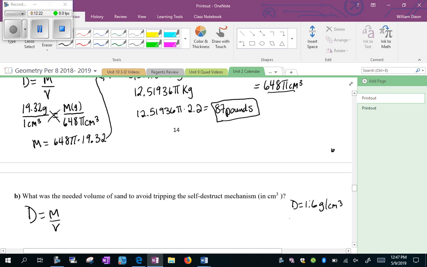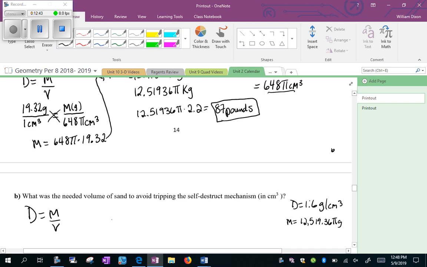Well, the mass is 12,519.36 pi grams. Okay, grams to grams, very important. We found it, we're good. We've got to find the volume.